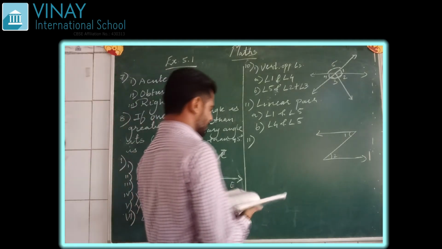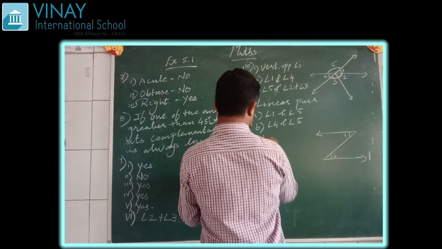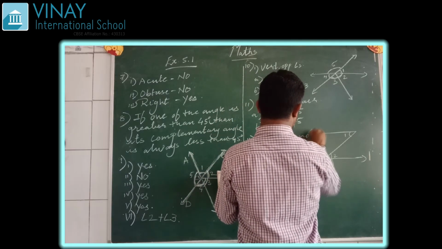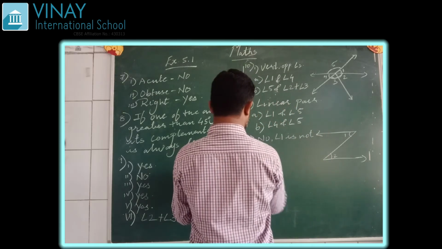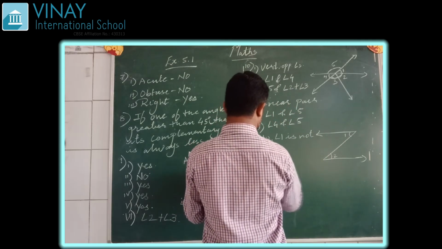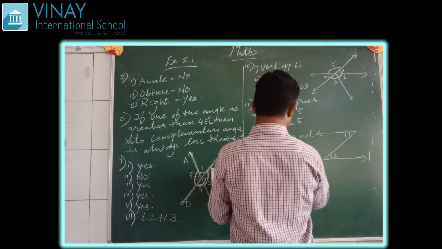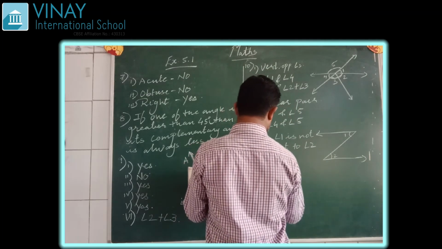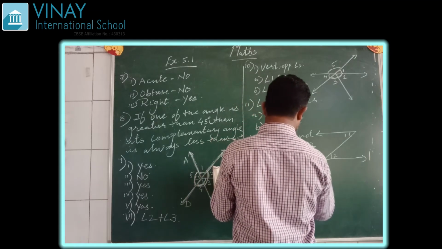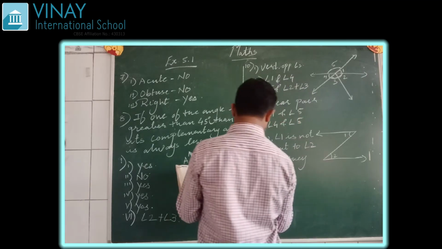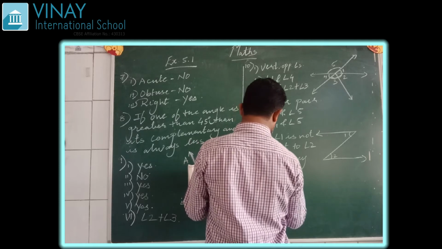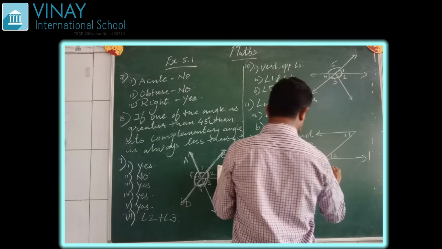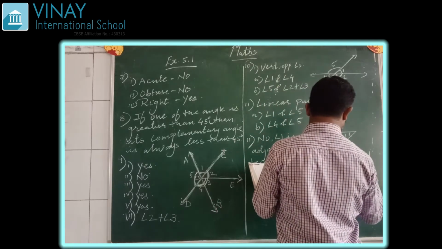So we can say that no, angle 1 is not adjacent to angle 2 because they don't have a common vertex.